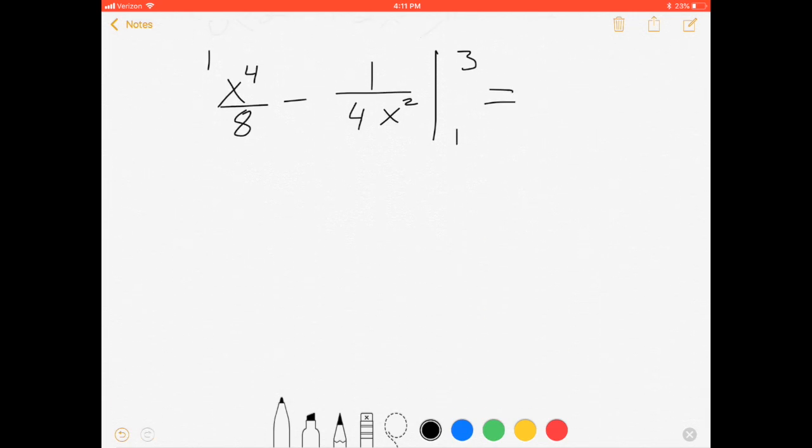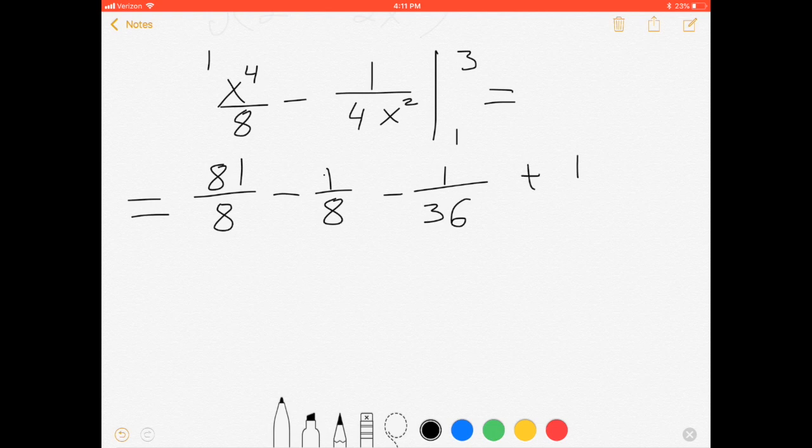We need only plug in the points. 3 to the 4th is 81, so 81 over 8 minus 1 over 36, minus 1 over 8 plus 1 over 4.